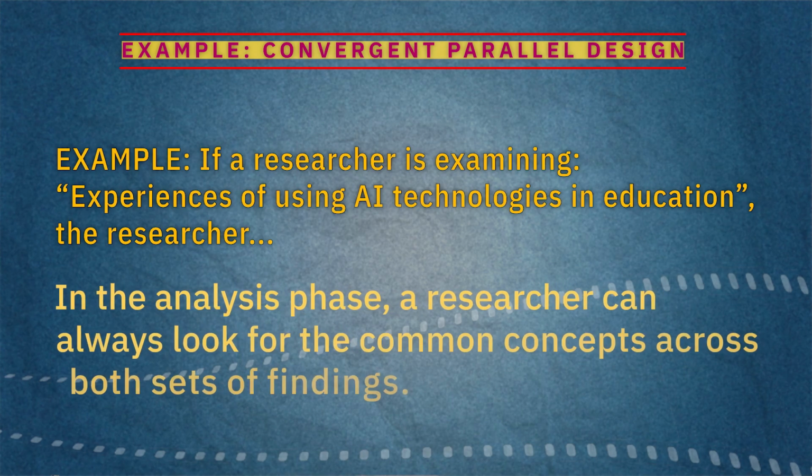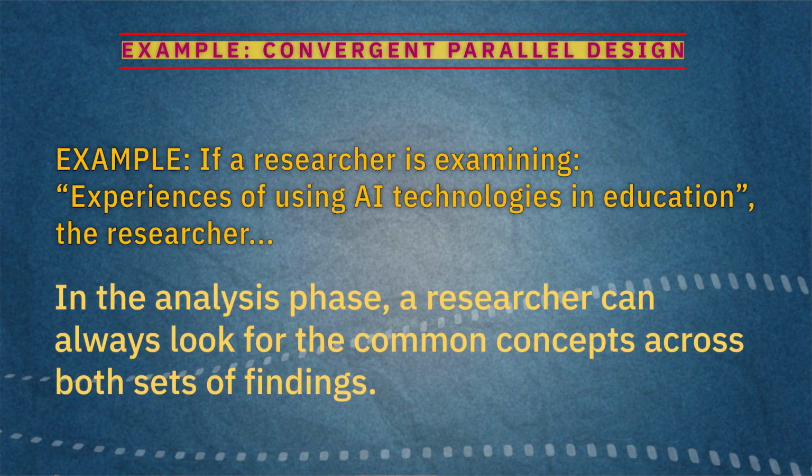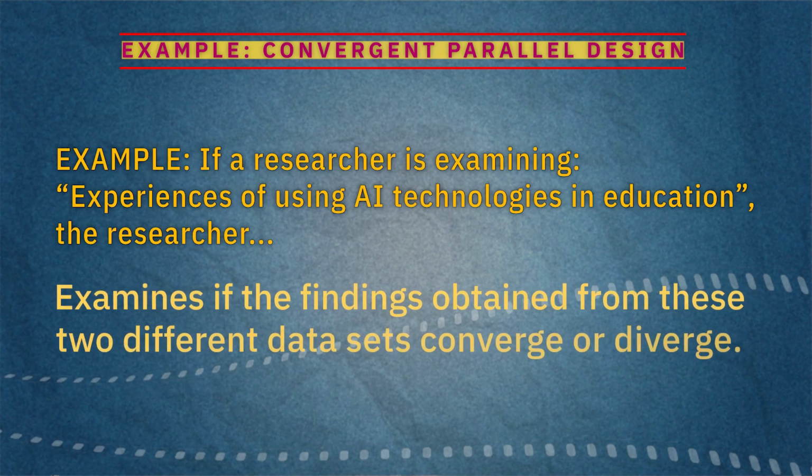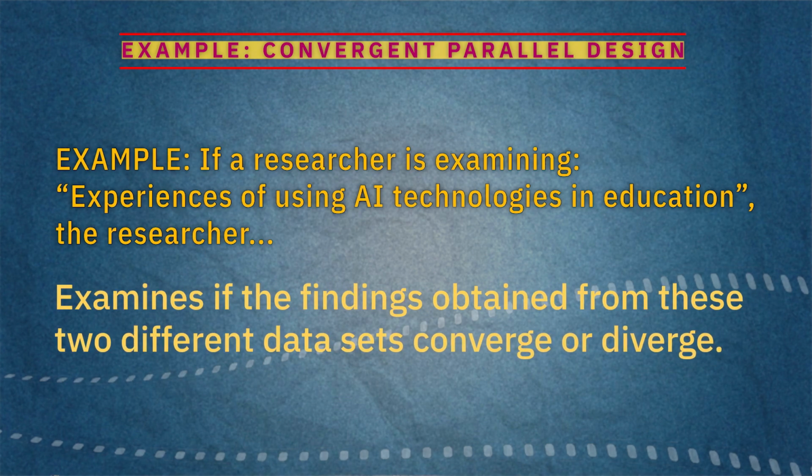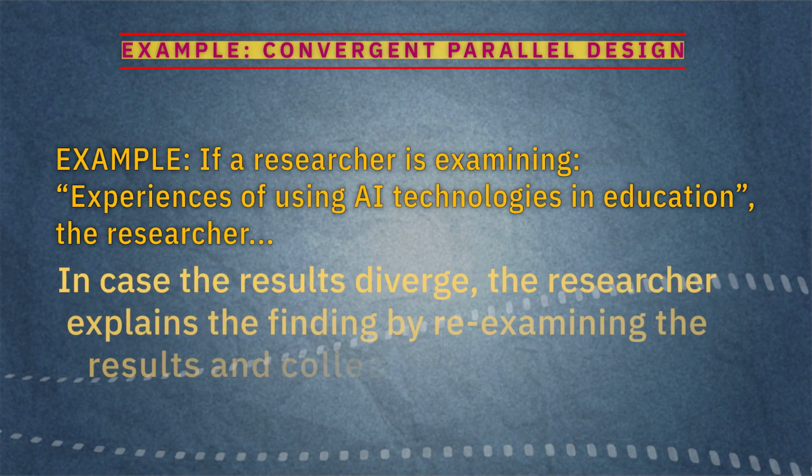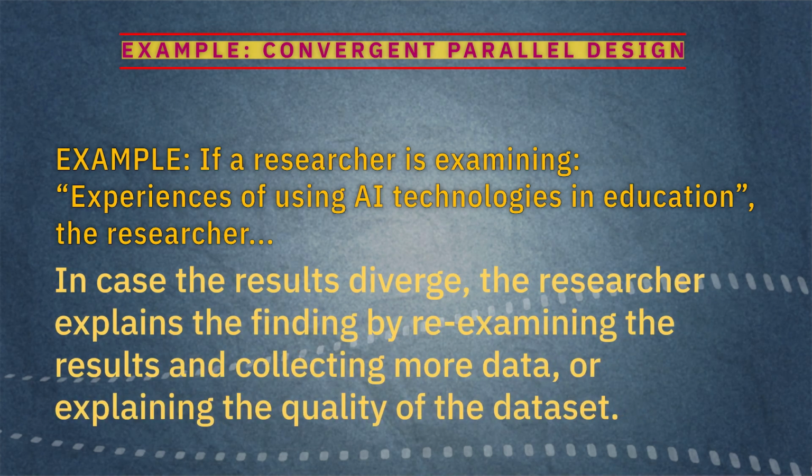In the analysis phase, a researcher can look for common concepts across both sets of findings. Now, it will examine whether the findings obtained from the two different data sets converge or diverge. In case the results diverge, the researcher explains the findings by re-examining the results, collecting more data, or examining the quality of the data set.